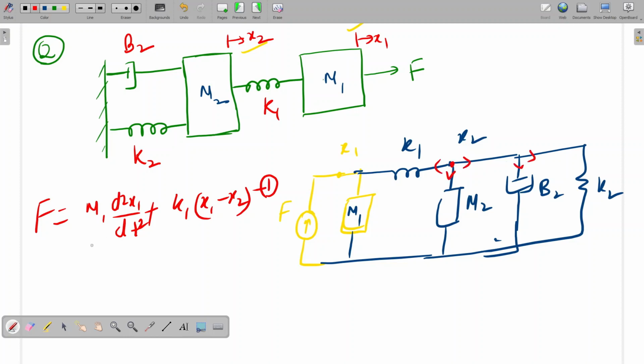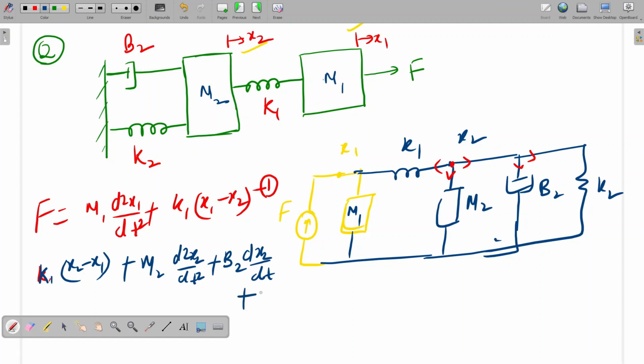That will be k1 into x2 minus x1, plus m2 d square x2 by dt square plus b2 dx2 by dt plus k2 x2. This is the second equation. Is it clear to all?